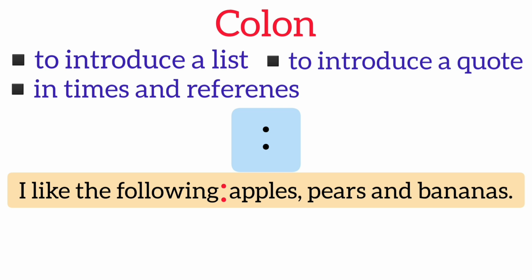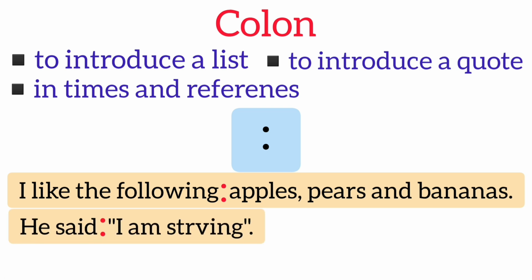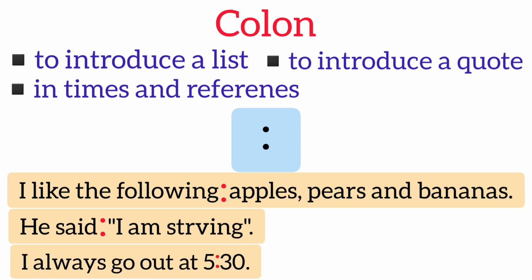I'm introducing a list, so I use colon in between. Next, he said: "I'm starving." To introduce a quote, I use colon. And the last one, I always go out at 5:30. So in here we have time. In between times we use colon.